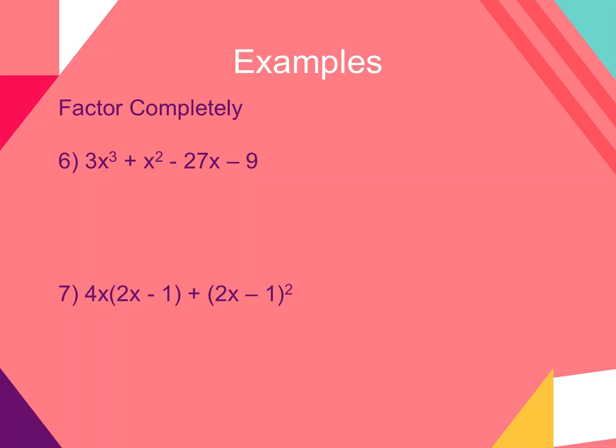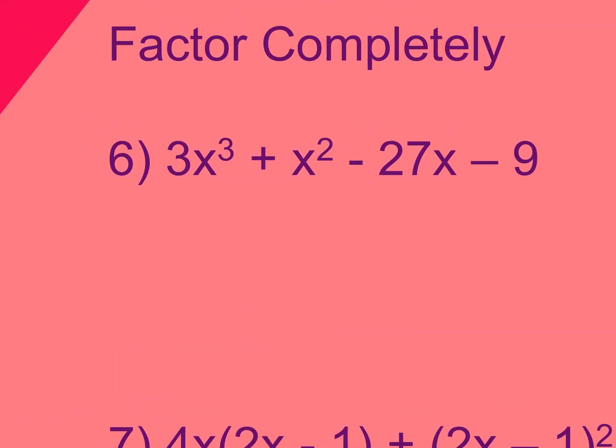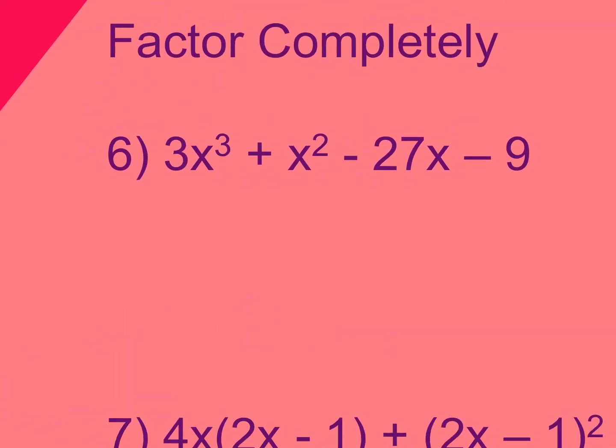All right, for number 6, I'm going to factor by grouping. I'm going to make a group here in green, and then a yellow group. I'm going to look for the greatest common factor of my green group, and that's going to be x squared. So I'm going to divide each term by x squared.